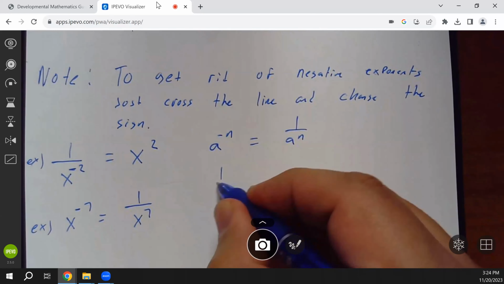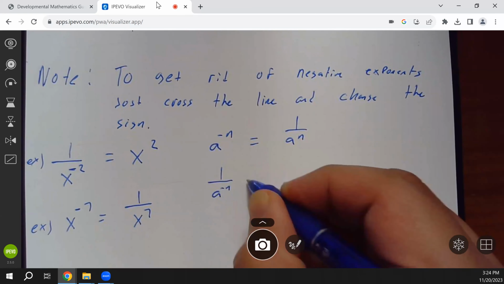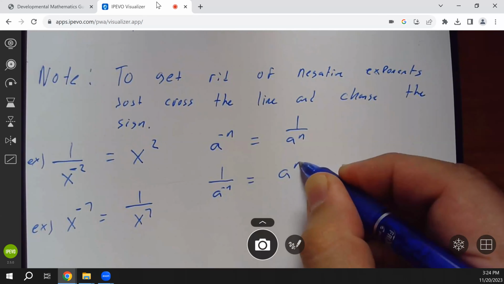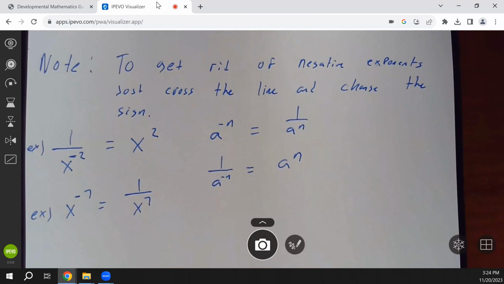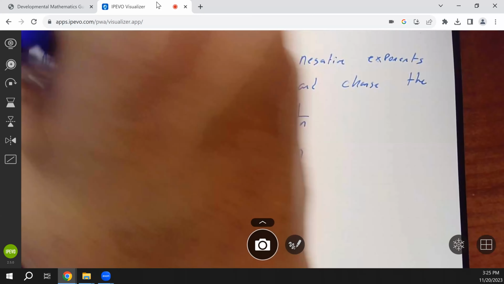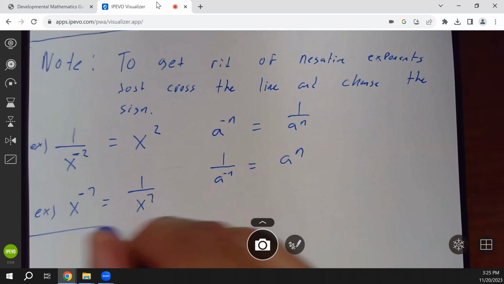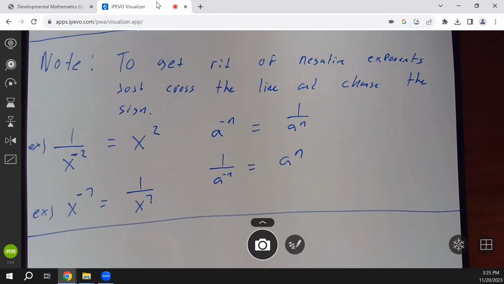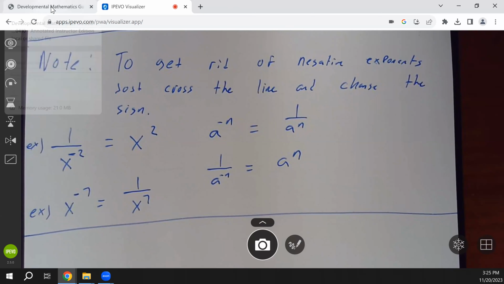But technically 1 over a to negative n is also equal to this. An additional rule. I'm sure they'll mention it later, but it's technically there. All right. That makes sense, how you deal with the negative exponents. Not a big deal.